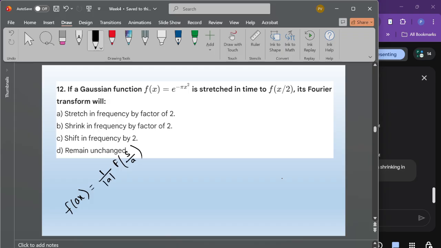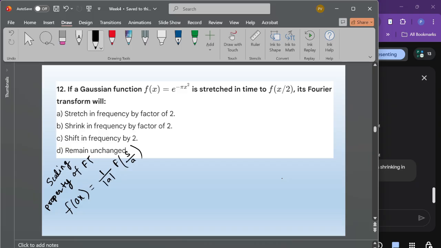This is a Fourier transform property, the scaling property of the Fourier transform. You must have studied it in your other course.